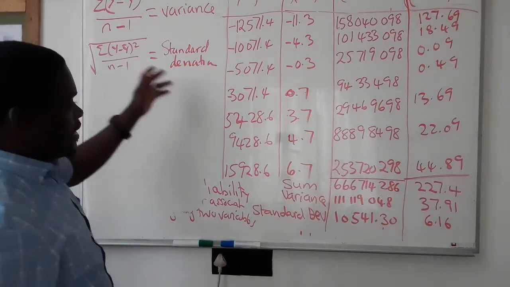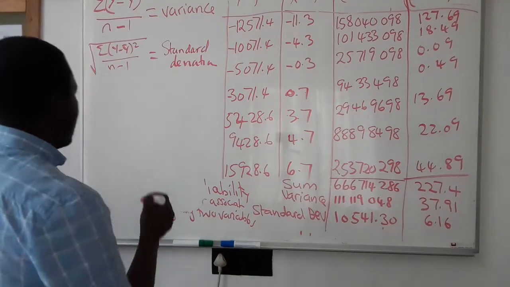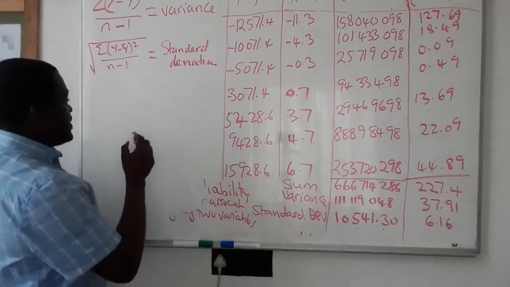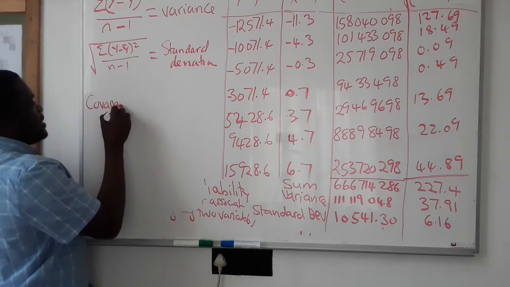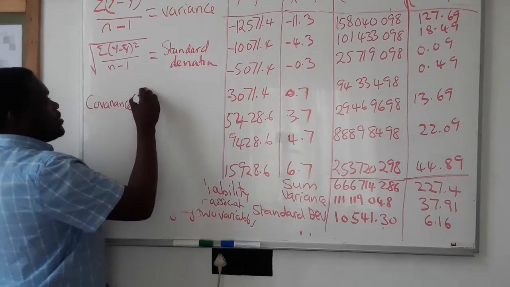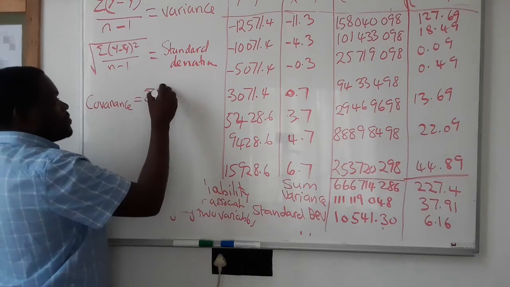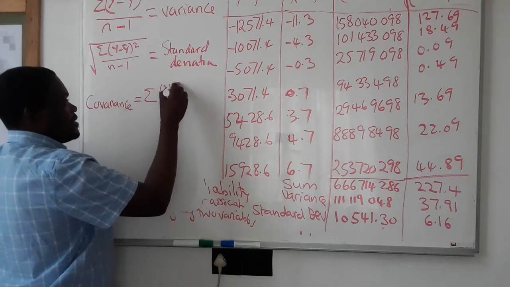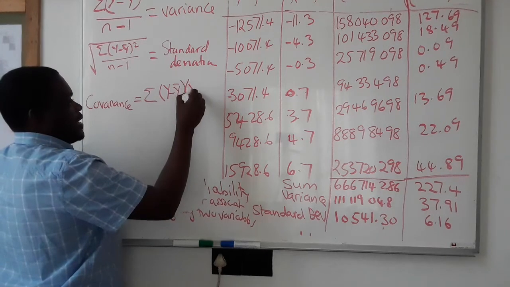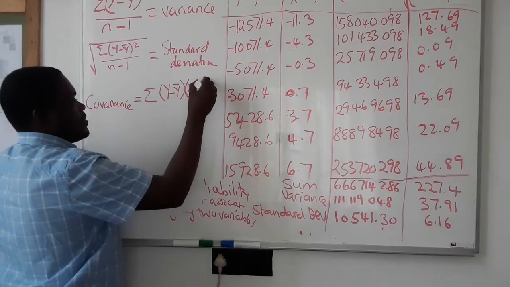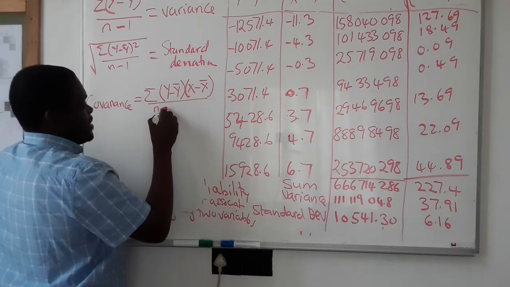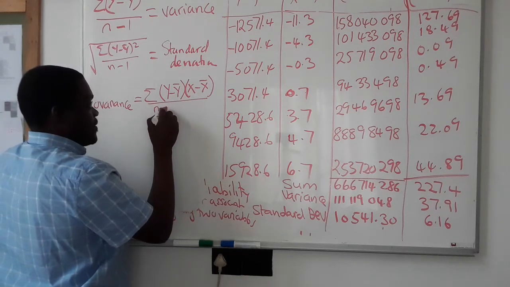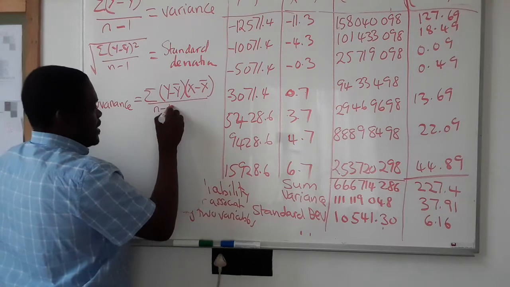So for x, you do the same. Now, what it means is, our covariance, as we calculated earlier, is equal to the sum of y minus its mean times x minus its mean, and all this is divided by n minus 1.